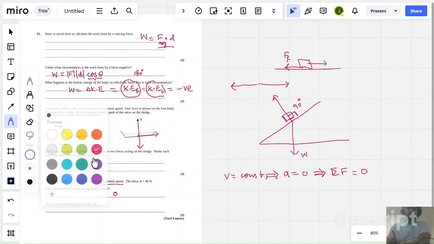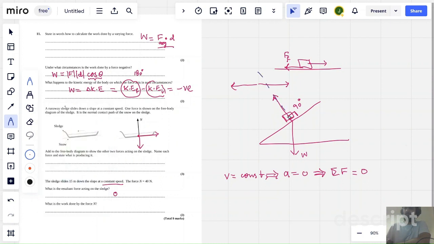Now, if I draw axes on this, I will draw the y-axis like this, and the x-axis will be like this. This is also important: whenever you're choosing axes, you should always choose them such that one of the axes is the same as the direction in which the object is moving. As you can see, the object is going this way. So I've chosen my axes tilted from the normal axes that we choose.